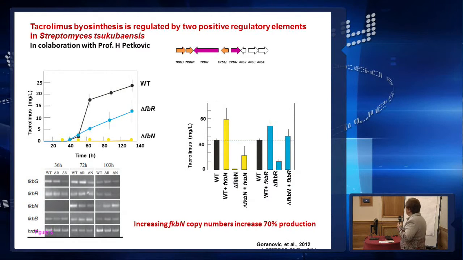Therefore, both genes were introduced. Additional copies of these regulatory genes were introduced in the wild-type strain, and it was found that introduction of these regulatory genes resulted in increased production of tacrolimus, so we got transformants producing even 70% more tacrolimus than the wild type.